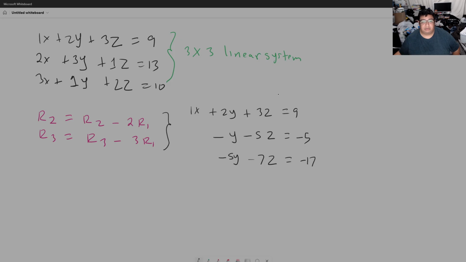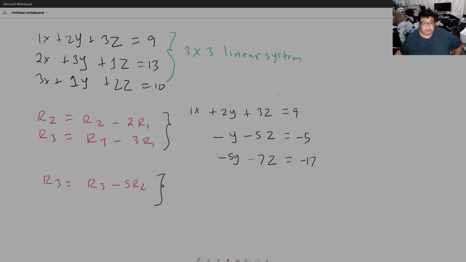Now we're going to get rid of the y, and we're going to leave only one z here. We can do that as follows. We can do R3 is equal to R3 minus 5R2.